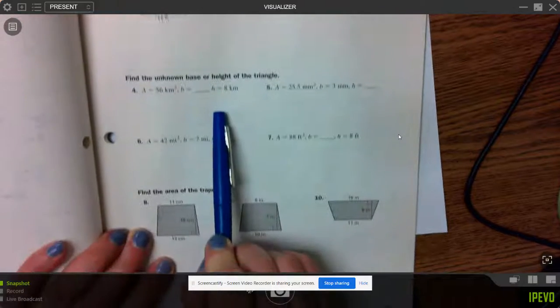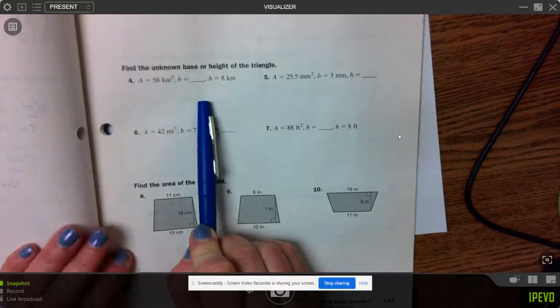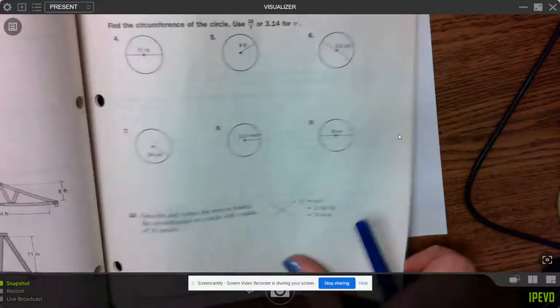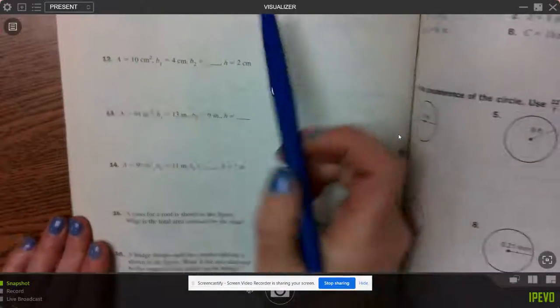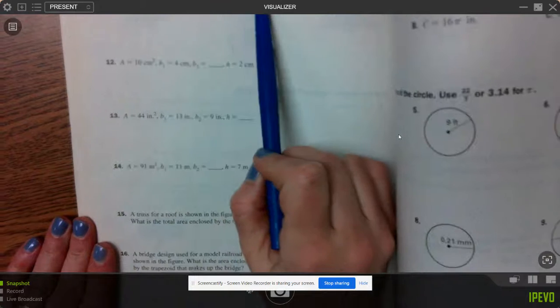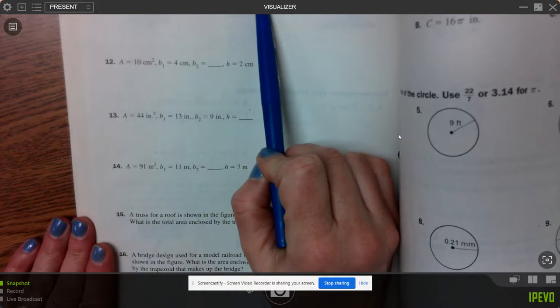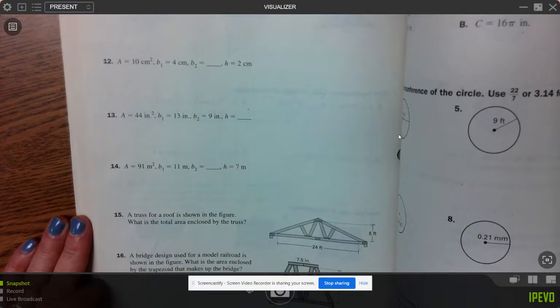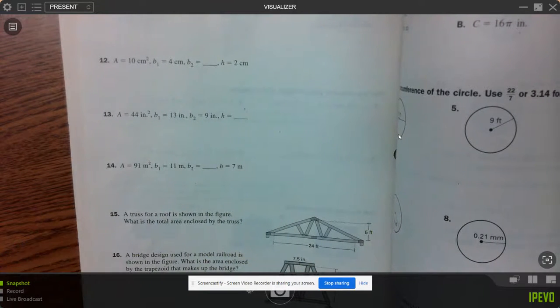Finding the area of the base or the height. We know how to do that. Finding the area of the trapezoid on the back side. Finding the unknown base or height of the trapezoid. So, yep, we're doing both sides. So, page 151 and 152, both sides.